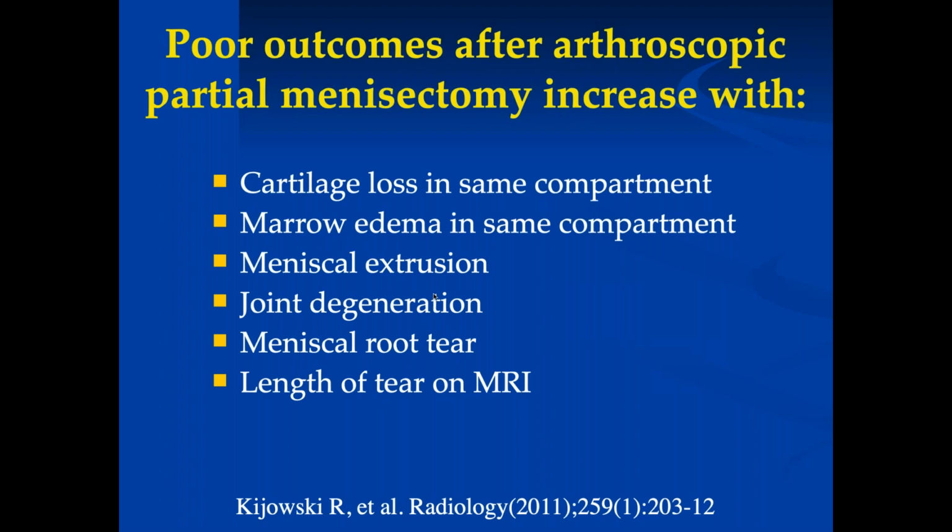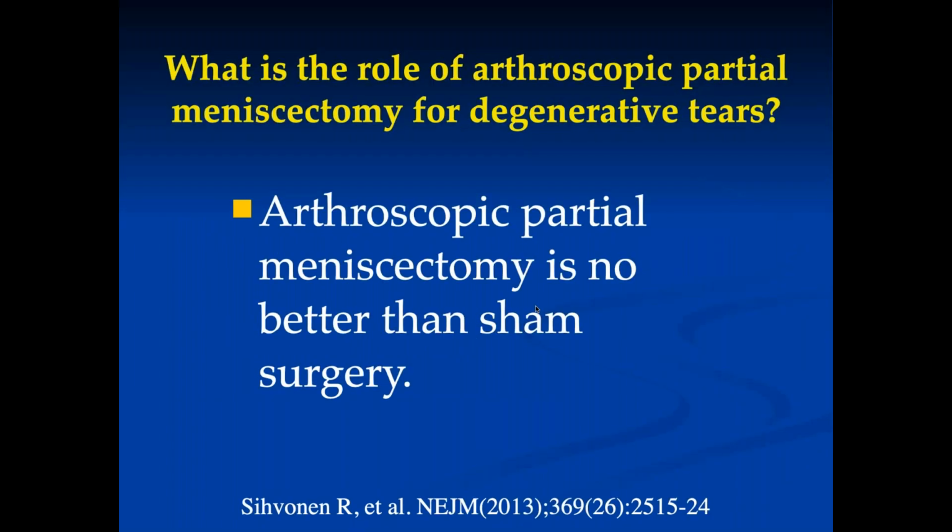So, this coupled with other studies that we'll talk about as we go forward in the orthopedic literature have finally gotten us to the point now where generally it's believed that degenerative type tears should not be partial meniscectomized.